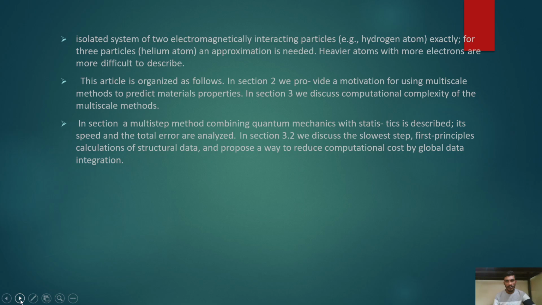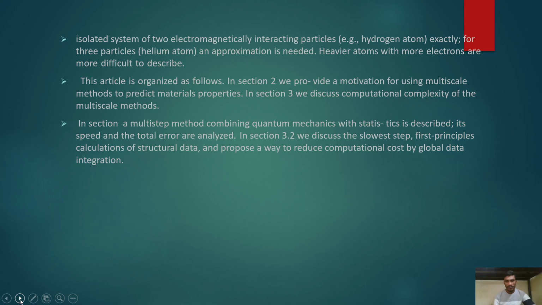An isolated system of two electromagnetically interacting particles can be described practically exactly, and three particles, the helium atom, approximately. Heavier atoms with more electrons are more difficult to describe. This article is organized as follows. In section 2 we provide motivation for multi-scale methods to predict materials properties.